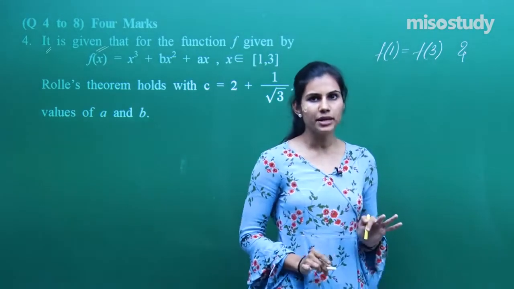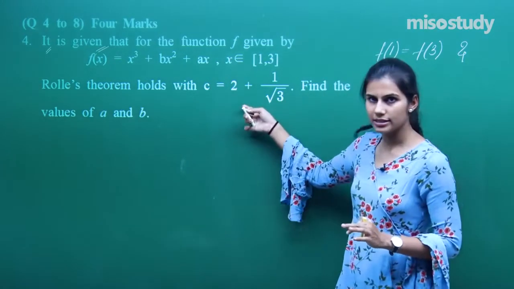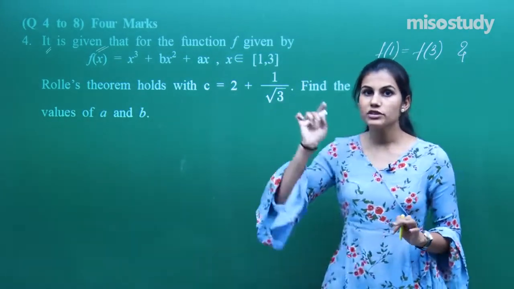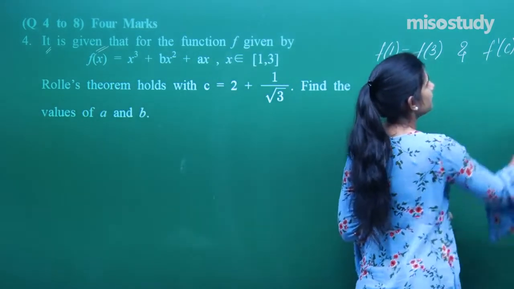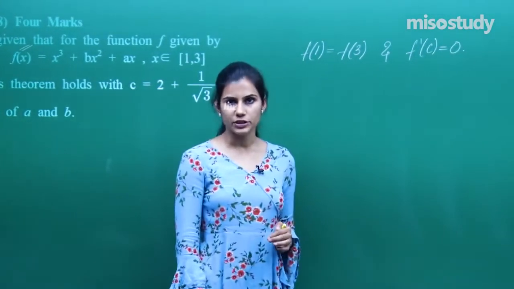That is what Rolle's theorem is, and that c also is given to you as this. There is existing this c for which f dash c is equal to 0. This is the meaning of Rolle's theorem holding for this particular function.